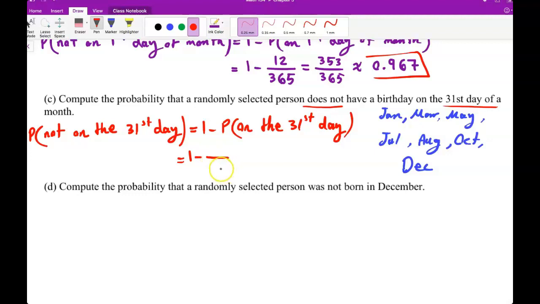That's 1 minus. Here again, denominator is 365. And here in total we have 7 months. Okay, rounded that is 0.981.